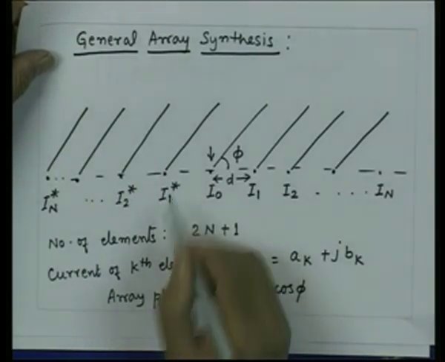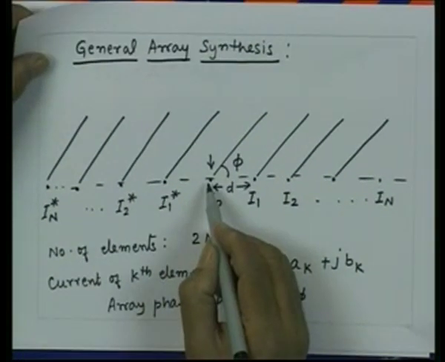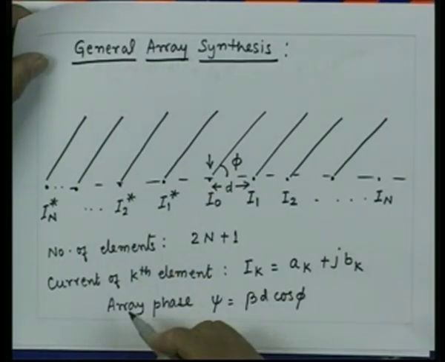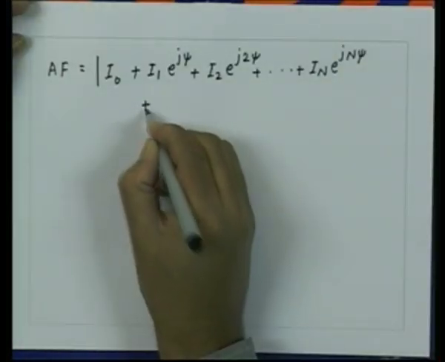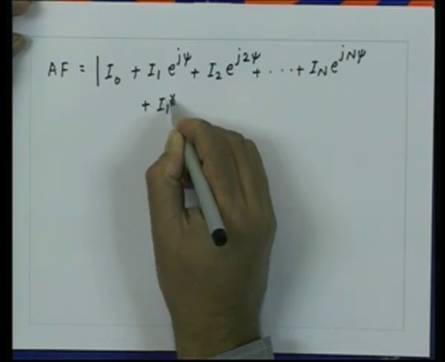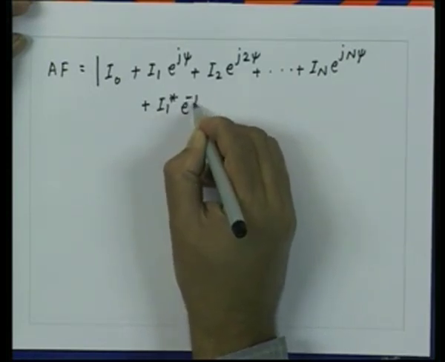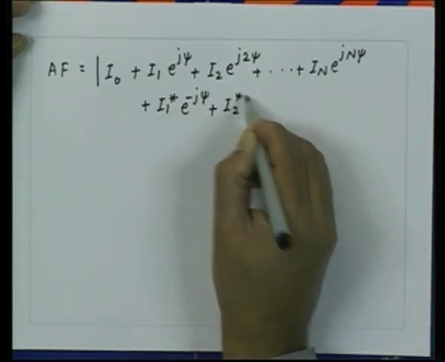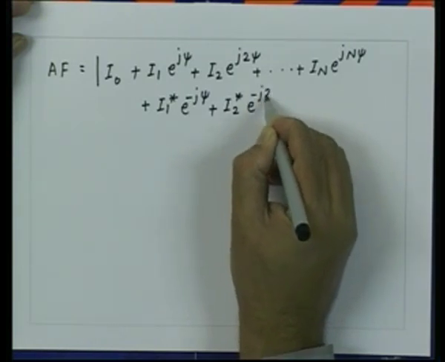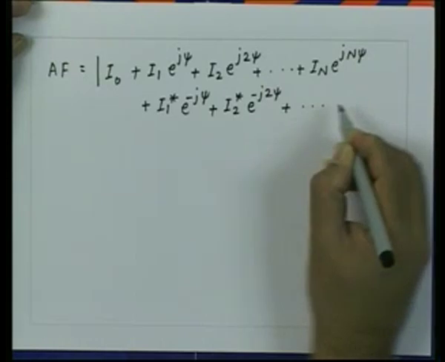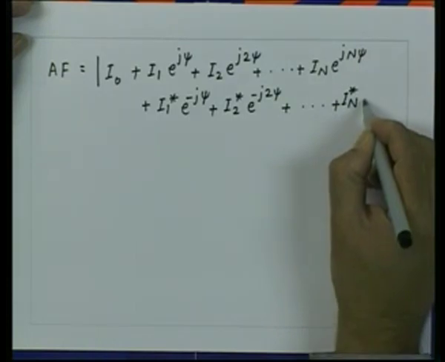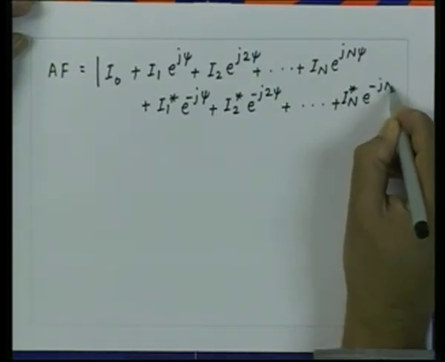This will be I1 conjugate e to the power minus j psi, because this will now be lagging with respect to this element by phase psi. So, you get here plus I1 conjugate e to the power minus j psi plus I2 conjugate e to the power minus j 2 psi plus and so on till In conjugate e to the power minus j n psi.